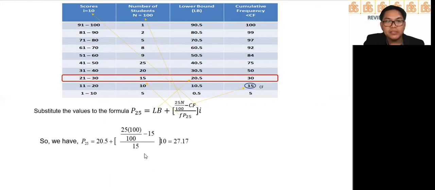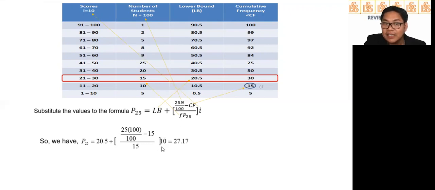Okay, so when we substitute, we will get the same values. The lower bound is 20.5, plus 25 times 100 over 100 minus 15, over 15, times 10. So again, start here: 25 times 100, simply cancel 100. 25 minus 15 is 10, over 15, times 10.